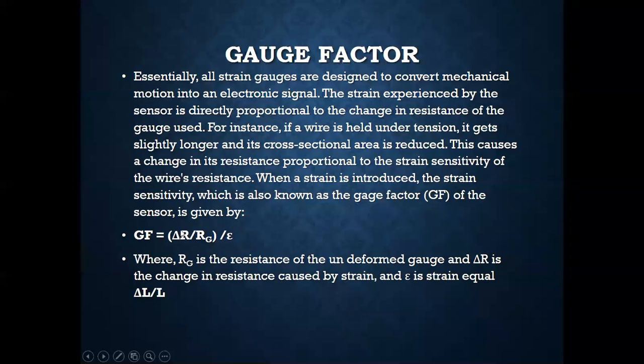Delta R means change in resistance, Rg means original resistance, so delta R divided by Rg, divided by epsilon. Epsilon is equal to the changing length divided by the original length, that is, delta L divided by L. So this is the gauge factor of a strain gauge.